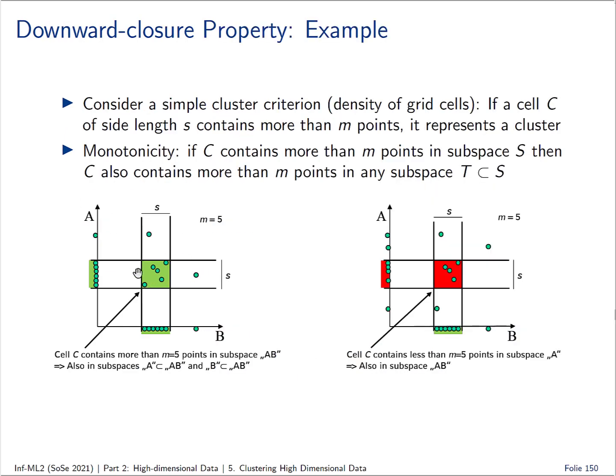So we define one-dimensional intervals, and the intersections of these intervals form higher-dimensional volumes, and then we say that if enough points are in those volumes, where m is one input parameter and the side length of these intervals is the second parameter, then these grid cells are dense enough to form a cluster, to be in a dense area.